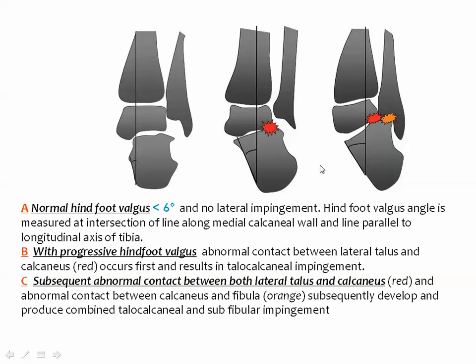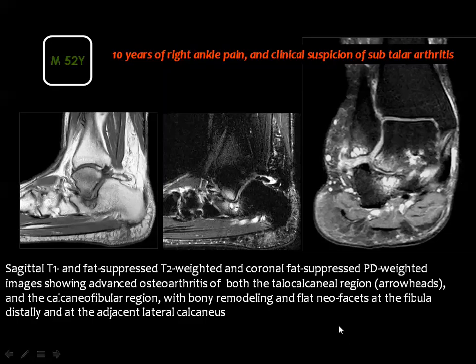But in cases of osteoarthritic changes of the talocalcanean joint with narrowing of the joint space, there will be valgus deformity and the angle will be so much increased, and this will allow direct contact between the calcaneus and the fibula, resulting in this calcaneofibular impingement.